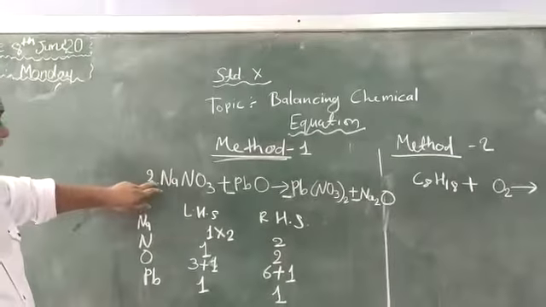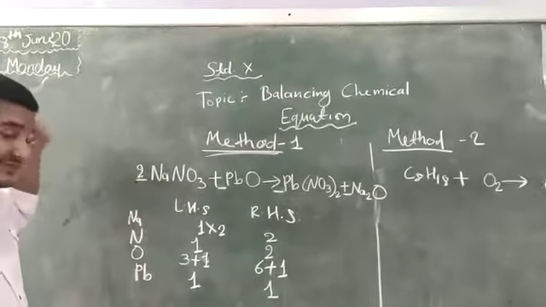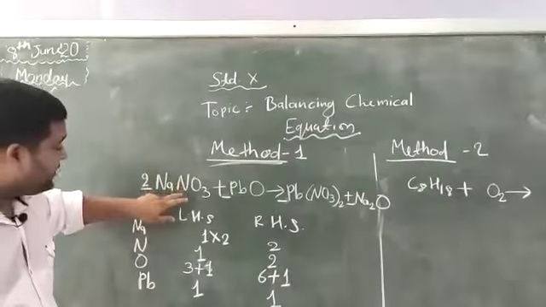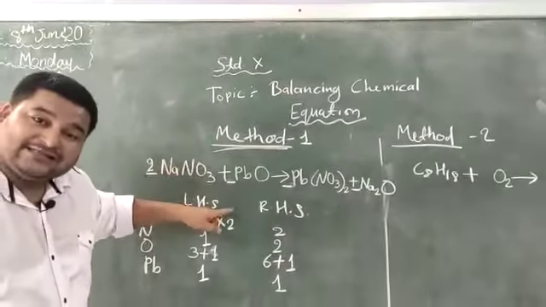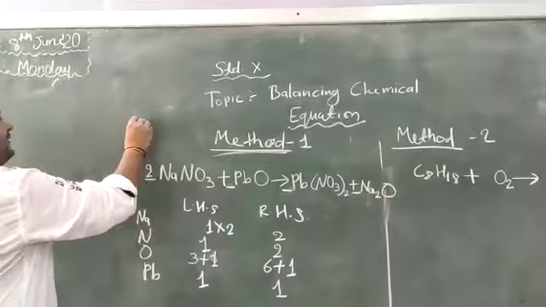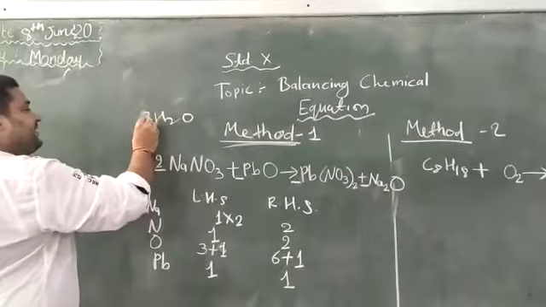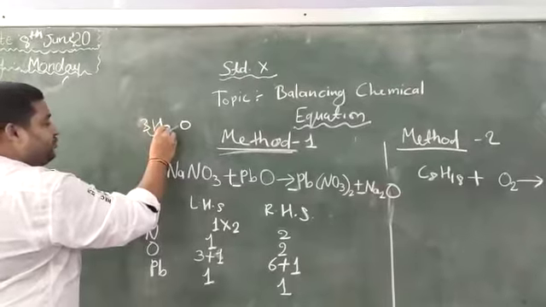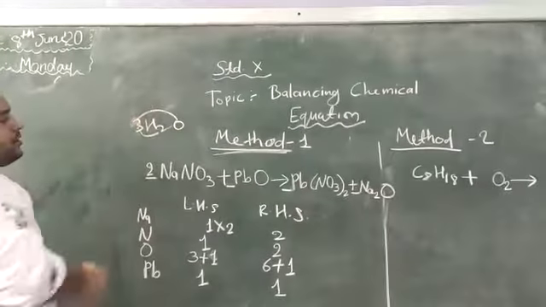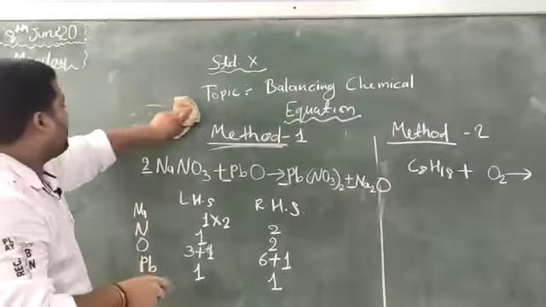When you are multiplying by 2 in sodium, at the same time 2 is multiplied to nitrogen as well as oxygen. Just keep in mind, take an example, I have written here H2O. If multiplied by 3, it means that 3 belongs to hydrogen as well as 3 belongs to oxygen.